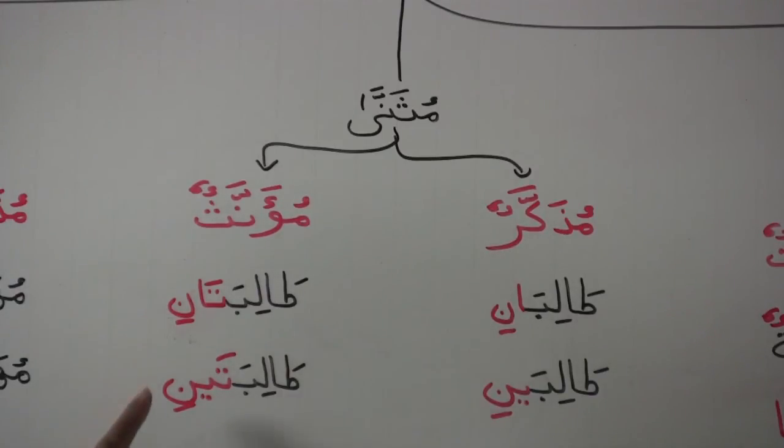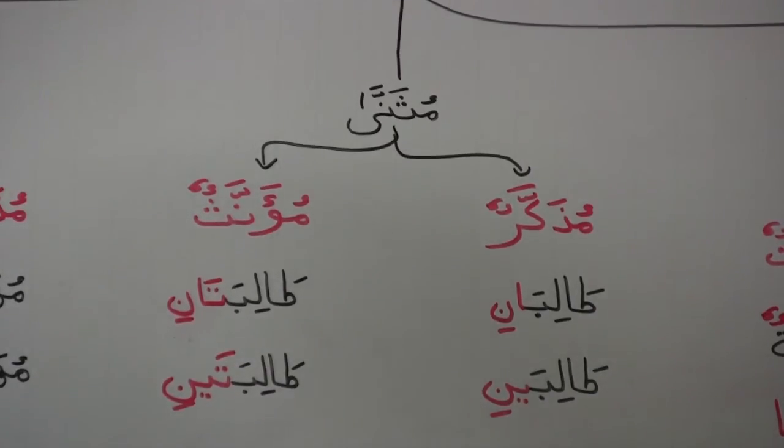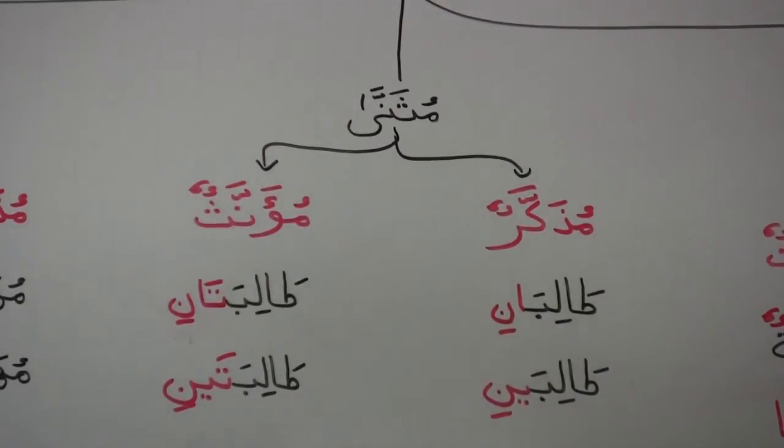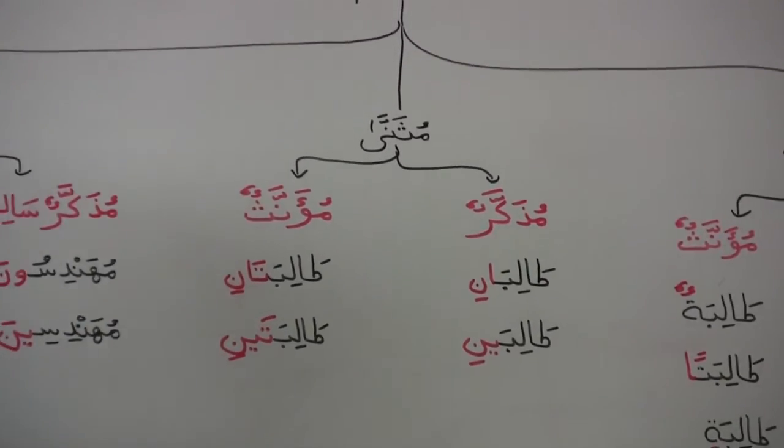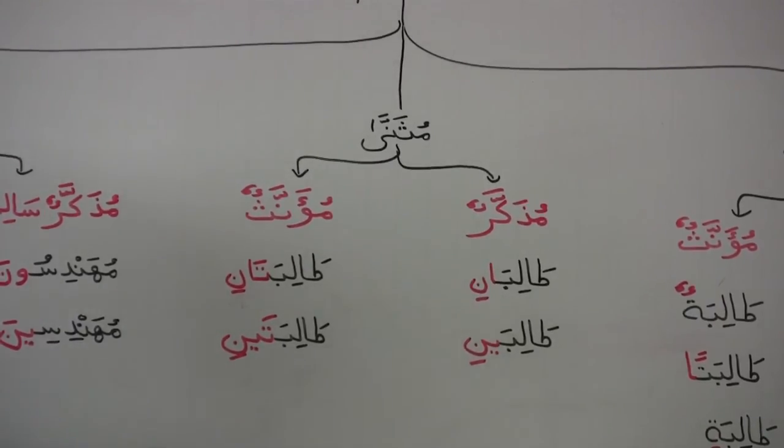Likewise, talibatani, talibataini. You make something muthanna by adding an alif and a noon, or a ya and a noon.